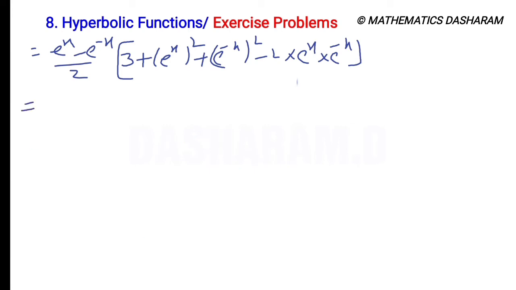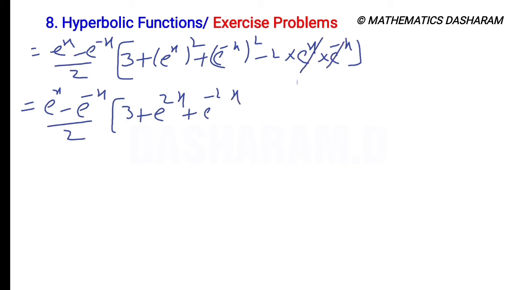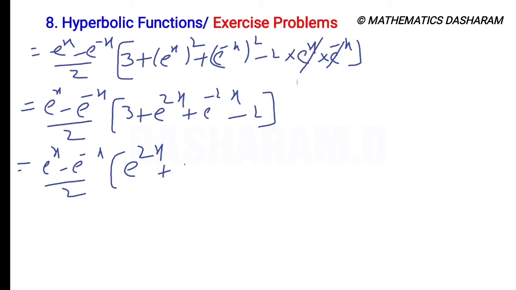So it equals (e to the power of x minus e to the power of minus x) by 2 into 3 plus e to the power of 2x plus e to the power of minus 2x minus 2, where both cancel. So (e to the power of x minus e to the power of minus x) by 2 into e to the power of 2x plus e to the power of minus 2x, and 3 plus minus 2 is plus 1.